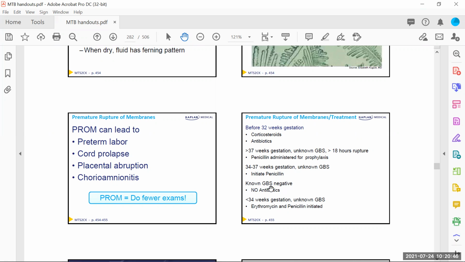If the patient has already been tested and is GBS negative, there is no need of antibiotic, but most of the time we will see GBS positive. Even if we don't know the status of GBS, we can perform the test but start empirical antibiotic at once, because antibiotic is a must in case of frank leaking.